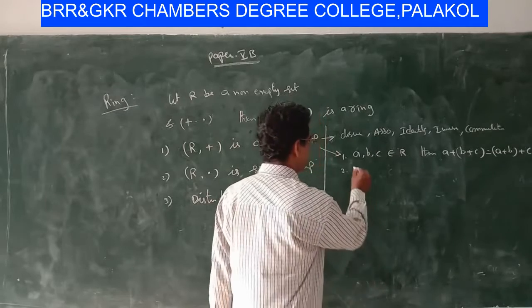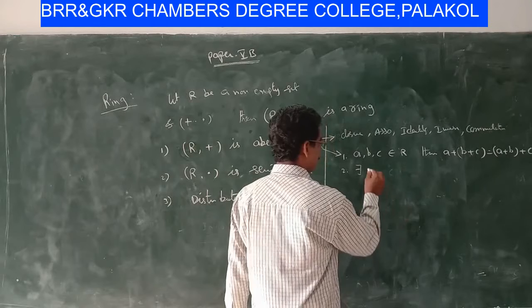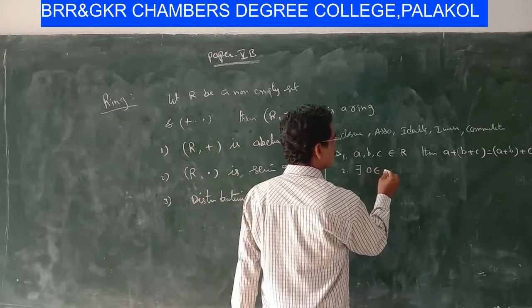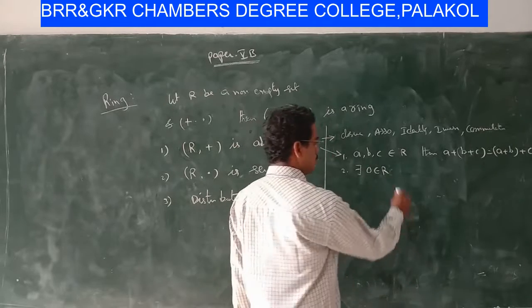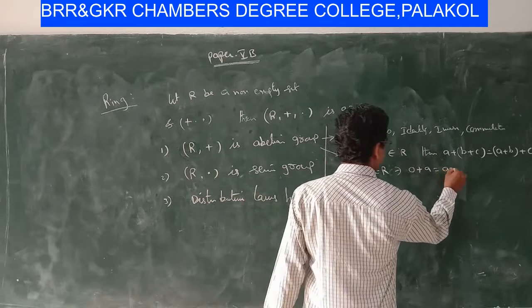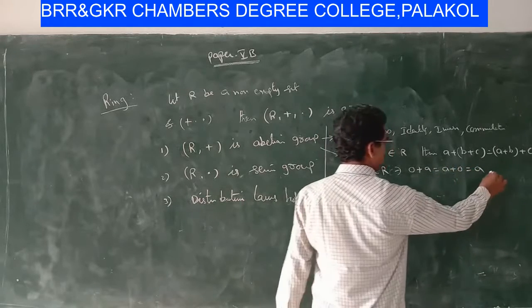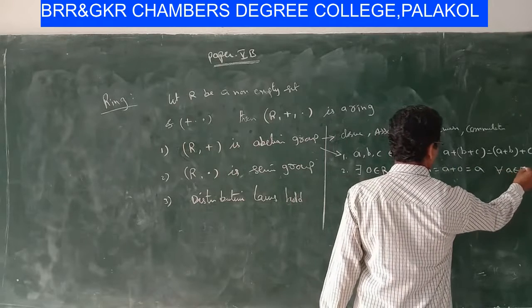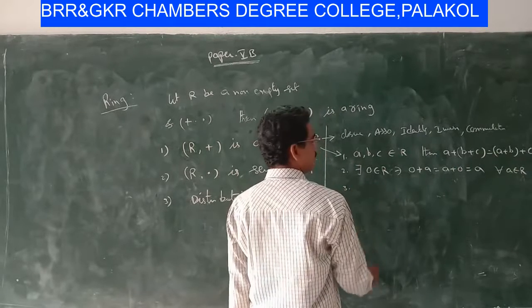Identity means there exists some 0 belongs to R such that 0 plus A equal to A plus 0 equal to A for all A belongs to R. Next one, inverse.